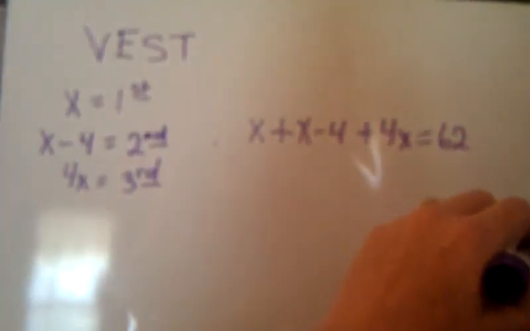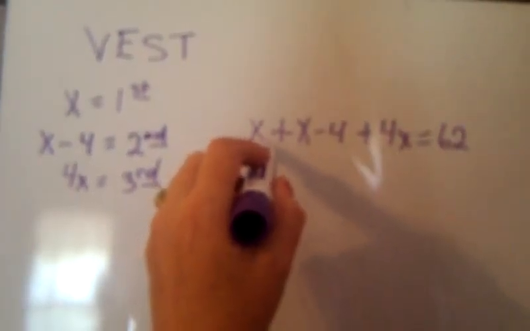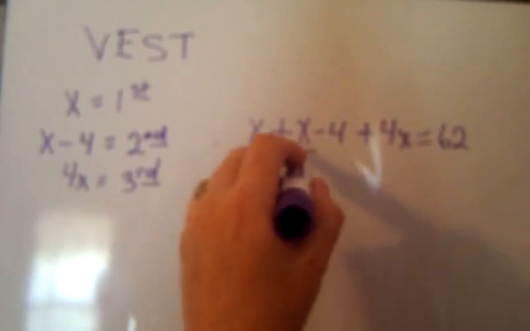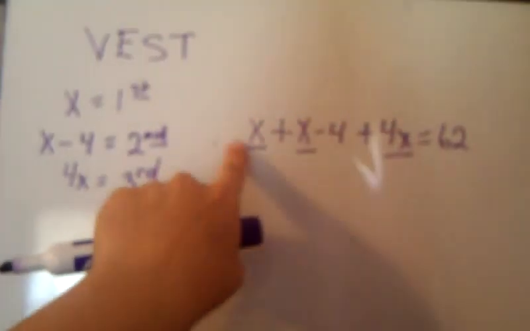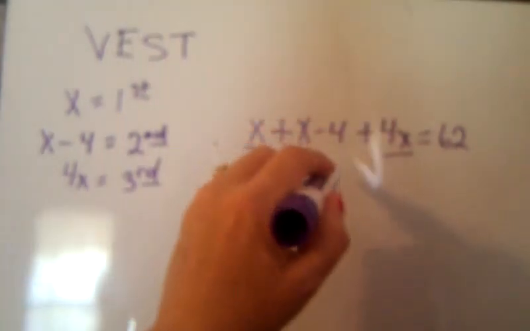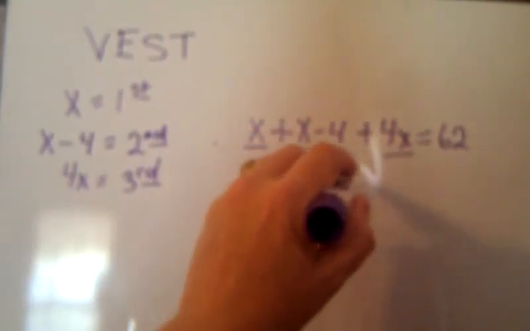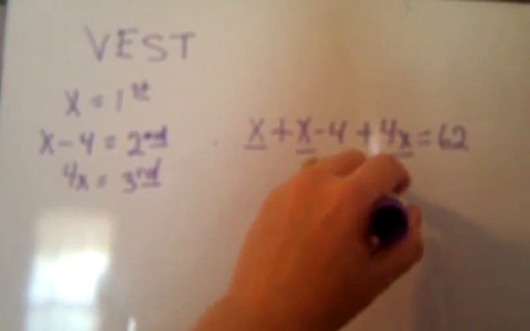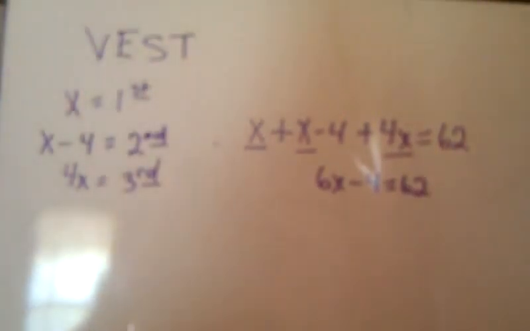Okay, now I can solve it. I need everything that's alike, like terms, x, and here's another x. So I have 1 plus 1 is 2, plus 4 is 6, so I have 6x minus 4 equals 62. Next I have to add or subtract.